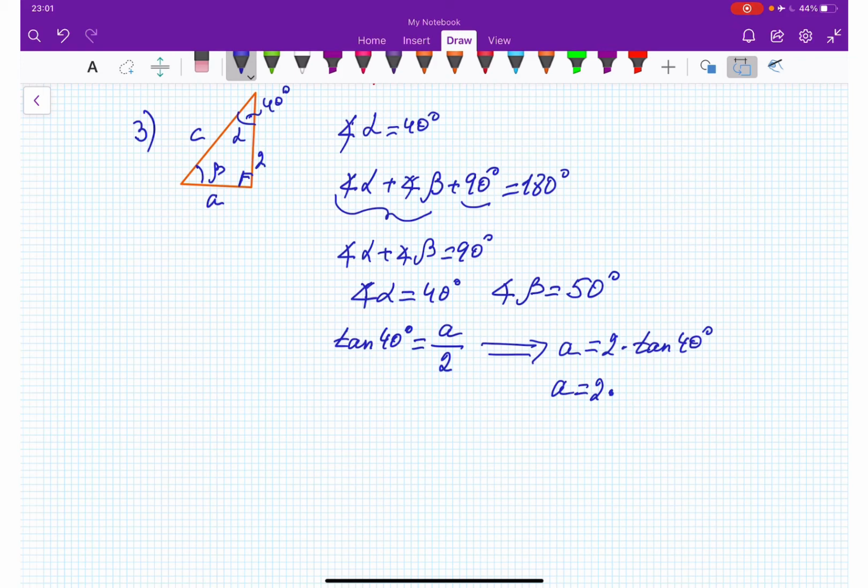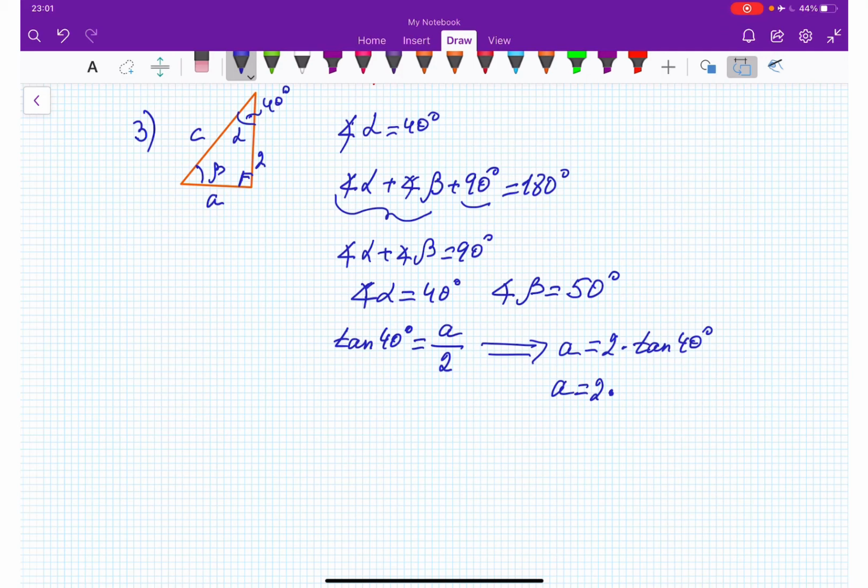You punch it on the calculator and approximately you should get... let me see, tangent 40 degrees, how much is it?